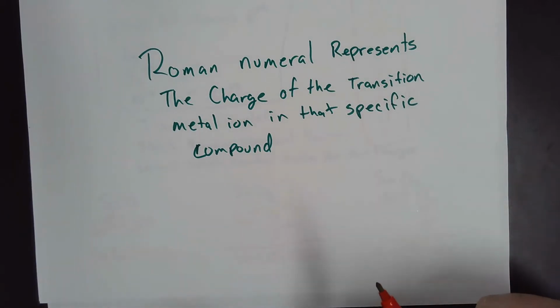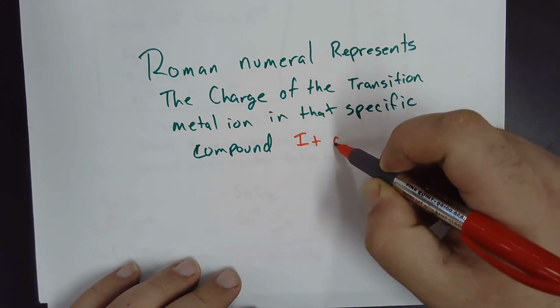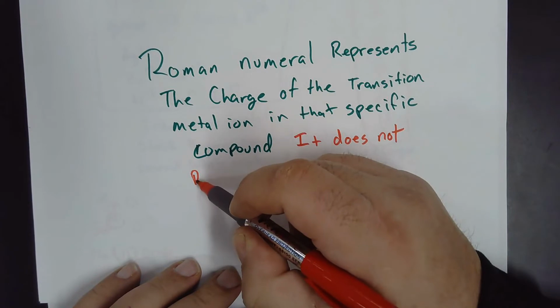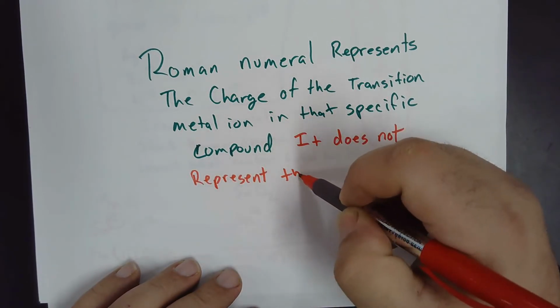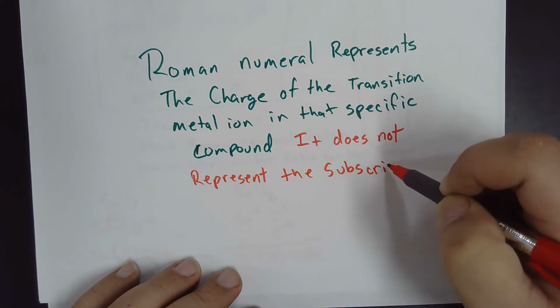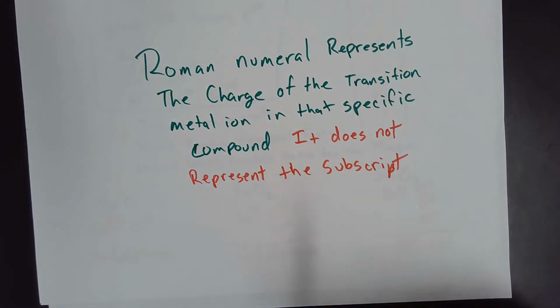The Roman numeral represents the charge of the transition metal ion in that specific compound. It does not represent the subscript. Everybody with me on this?